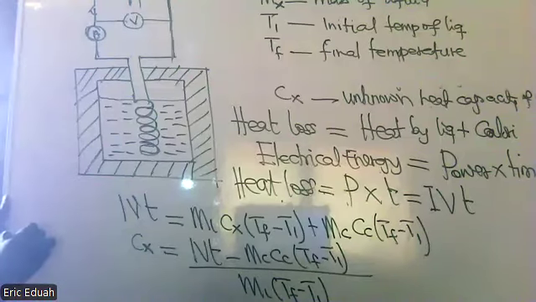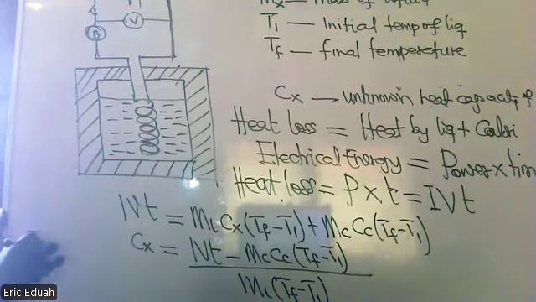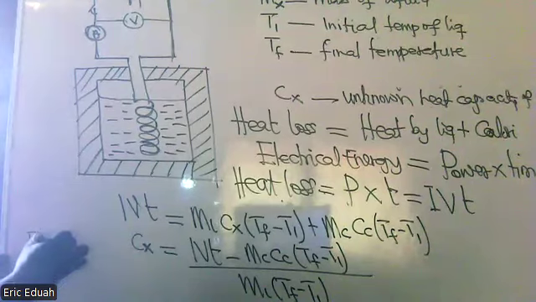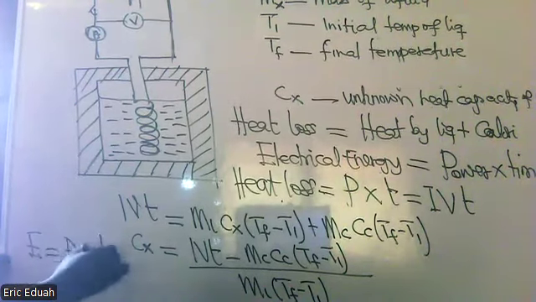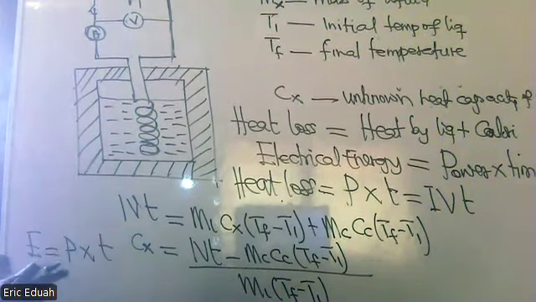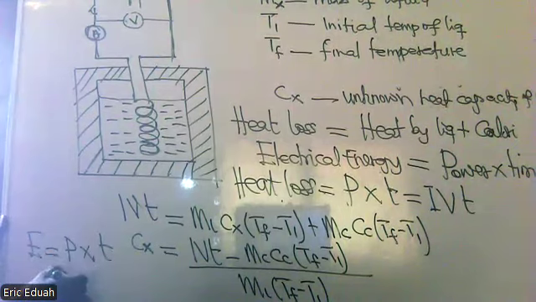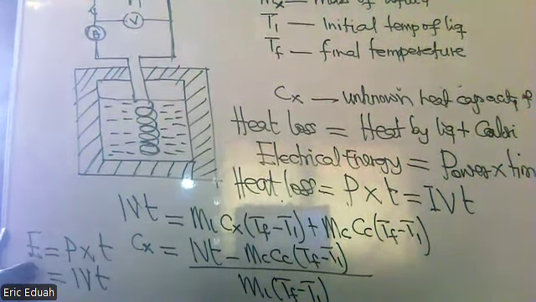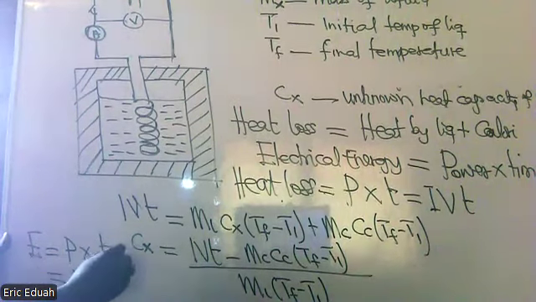One way is what I said earlier. E is equal to P times T, which is the power times time. And power in itself is also equal to current times voltage times time.